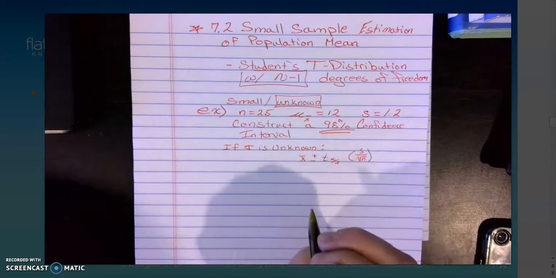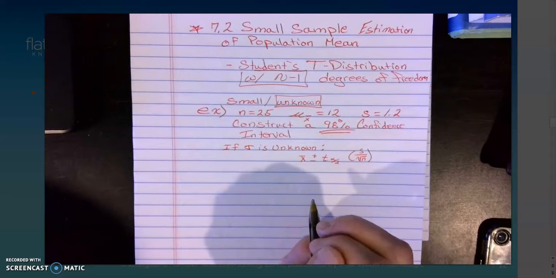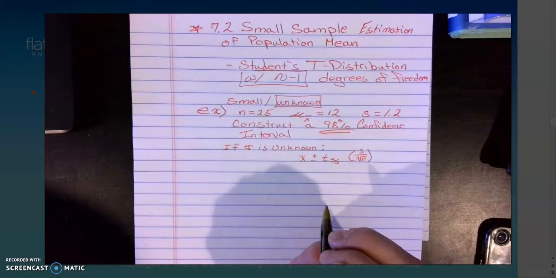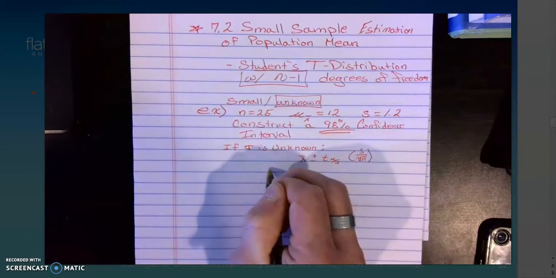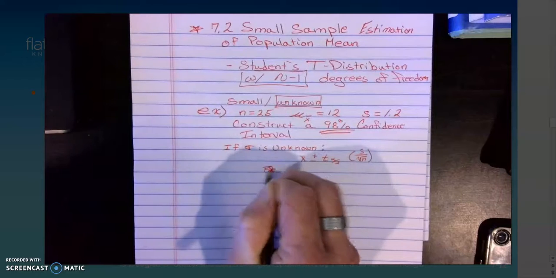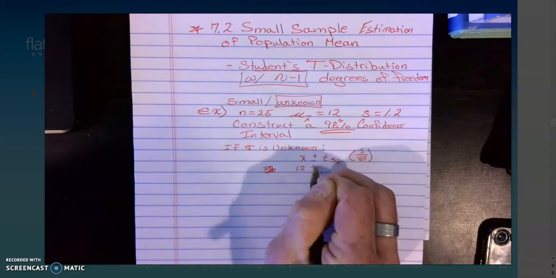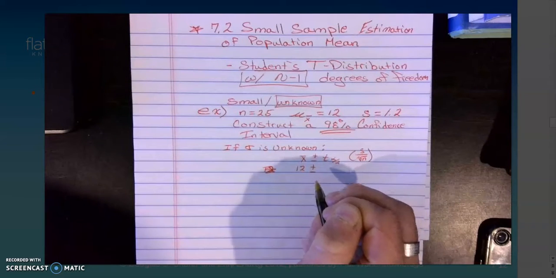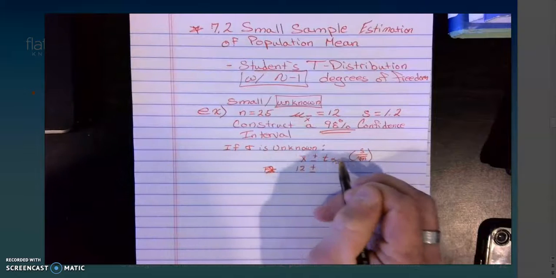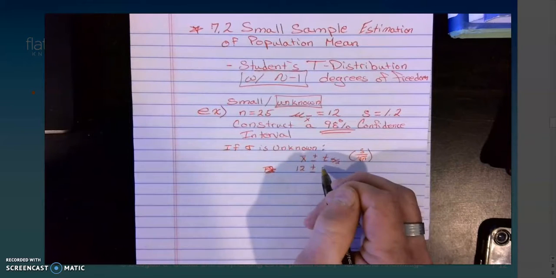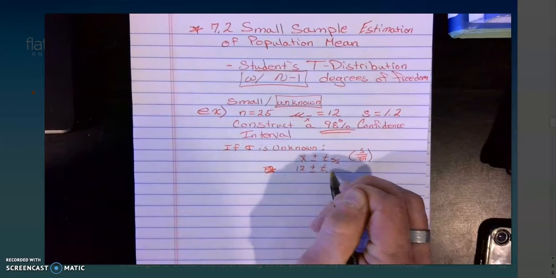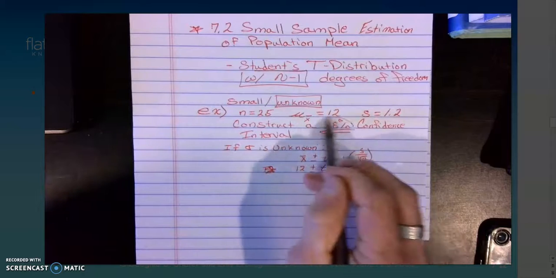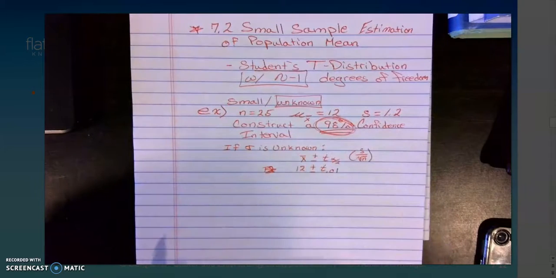For this particular example, we can say that x-bar is going to be 12. Let's write it right under it: 12 plus or minus, and then over here we need to figure out what this value is going to be. At the end of the day, it's really t.01 because we are constructing a 98% confidence interval.